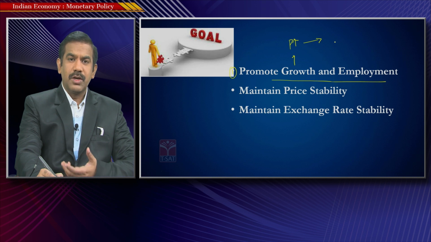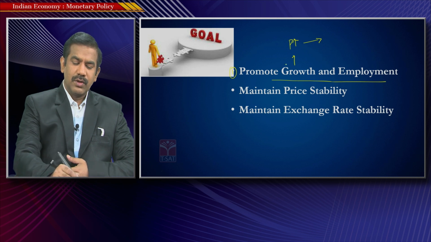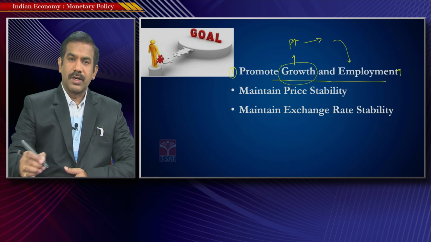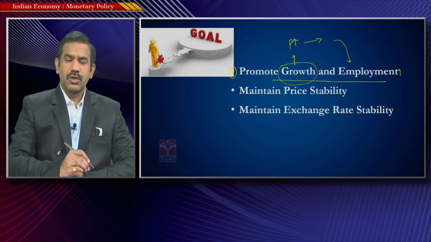If you are producing 100 chocolate bars, then the number of people and the amount of raw materials to be employed increases as more and more chocolate bars are produced. Hence, whenever you concentrate on growth, that obviously results in an increase in employment opportunities in the country. That is the first and foremost objective of monetary policy, promoting growth and employment.